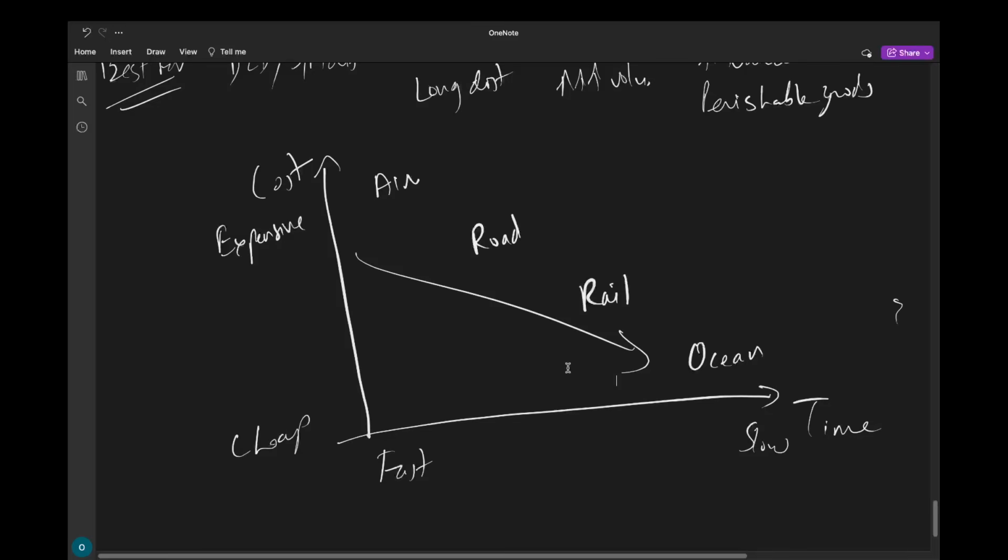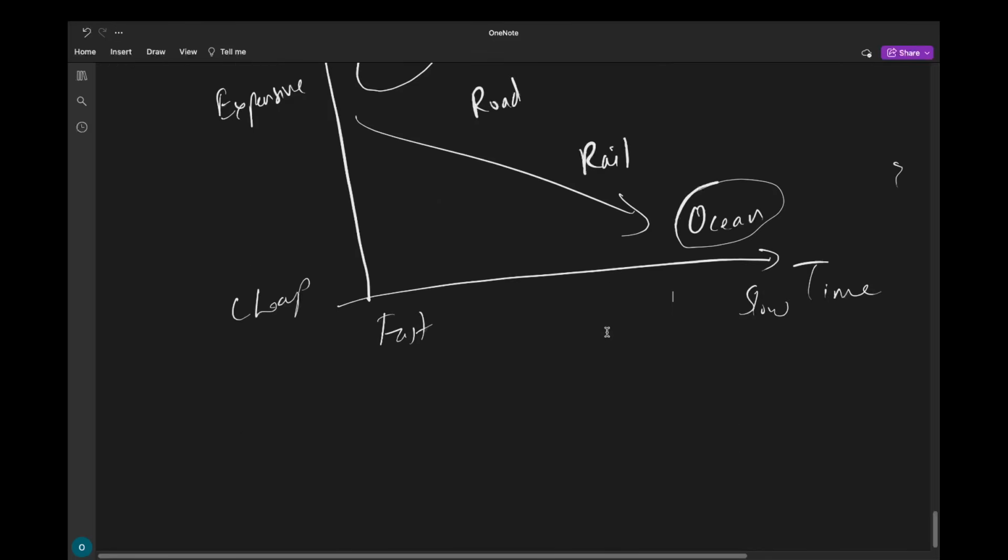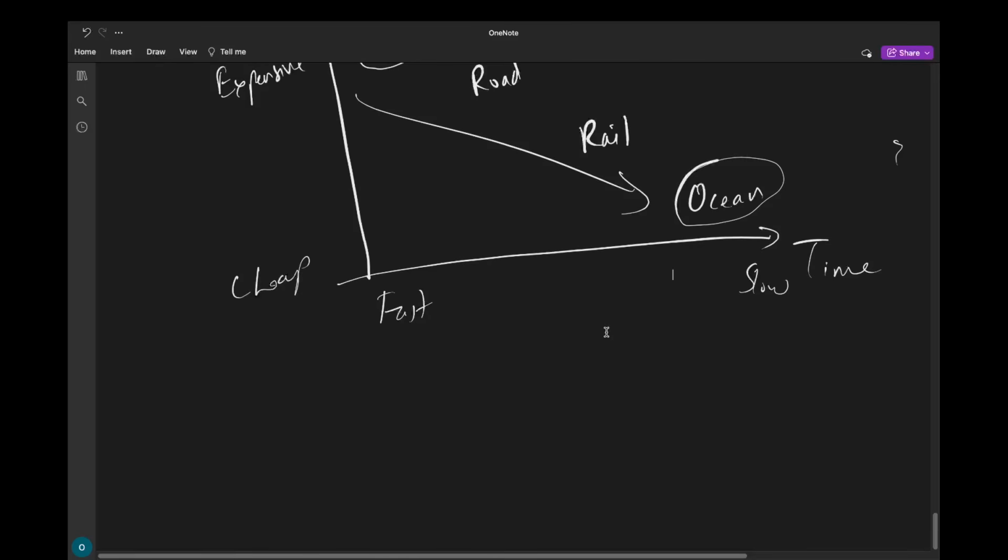So can't we have both fast as well as cheap? No, right? So if it is very fast, then it will be expensive. If it is cheap, then it will be slow. So the cost also depends on the speed.